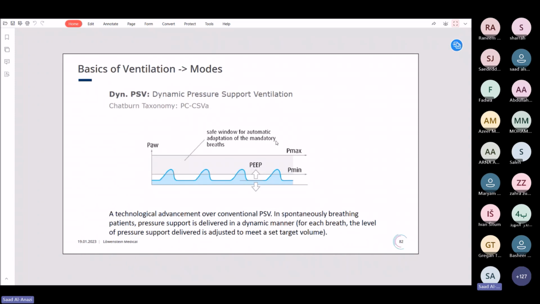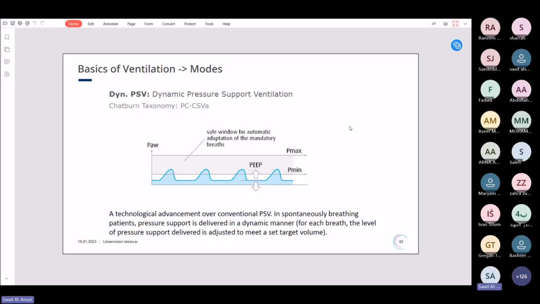Also, in our ventilator ELISA 800, we have a unique ventilator mode, which is the dynamic pressure support. What is the difference between the pressure support and the dynamic pressure support? In dynamic pressure support, the pressure is delivered in a dynamic manner for each breath. That means there is no fixed pressure support.